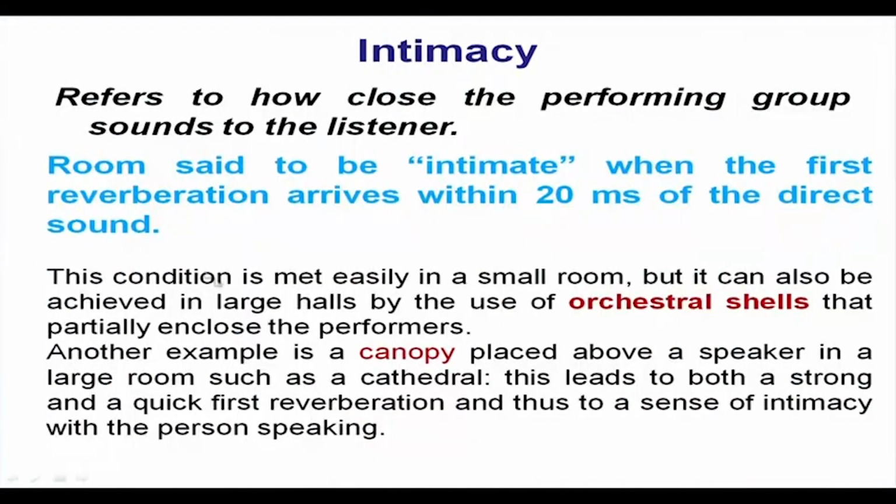This condition is met easily in a small room. In a small room the reflection path is shorter, so it can be easily met, but it can also be achieved in a large hall by using an orchestra shell that particularly encloses the performers.